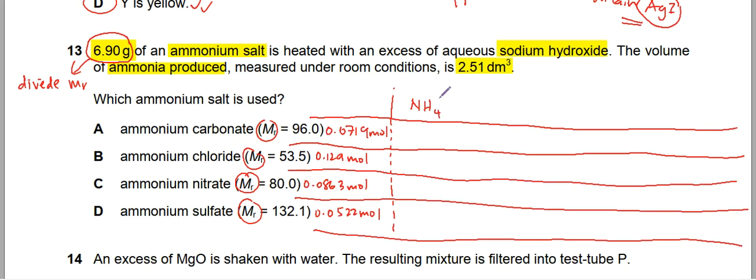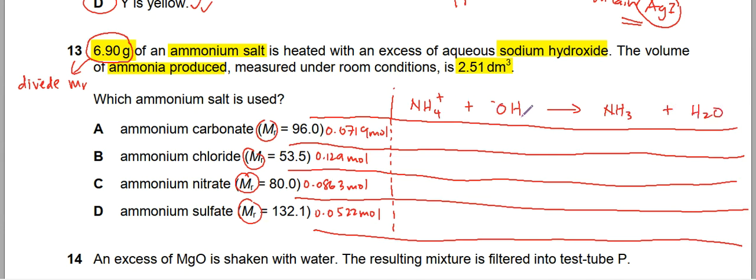I only write about the ammonium salt, and for sodium hydroxide, I only include the hydroxide because the sodium is not changed, it's just a spectator ion. So the products are ammonia plus water.